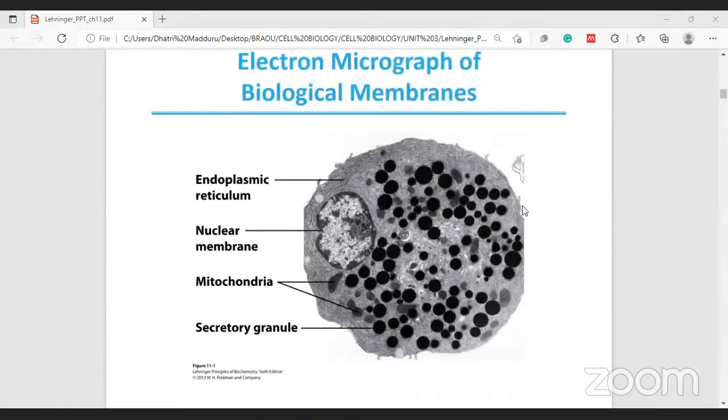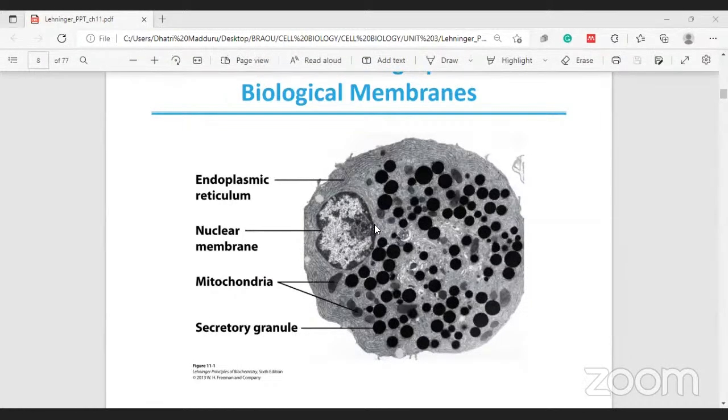This is how it looks under the electron microscope. This is the endoplasmic reticulum, this is the nucleus, and this is the nuclear membrane.